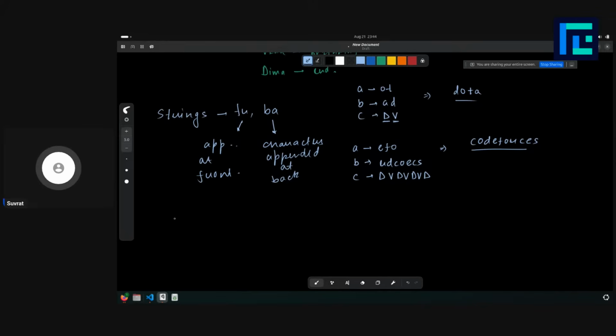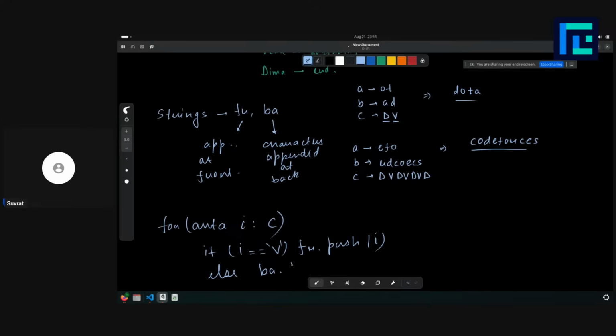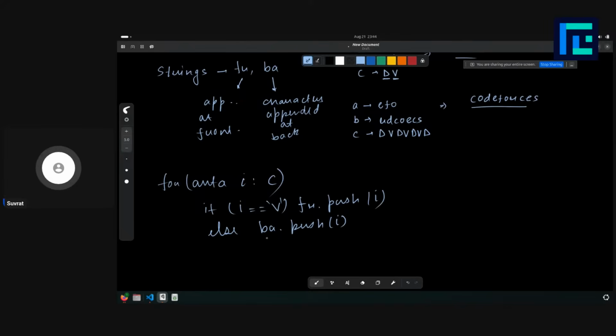We can iterate over the C array, and if C[i] is V, then we add the character to the front array, and else we add that character to the back array. So this will give us all the characters that are going at the back and at the front.